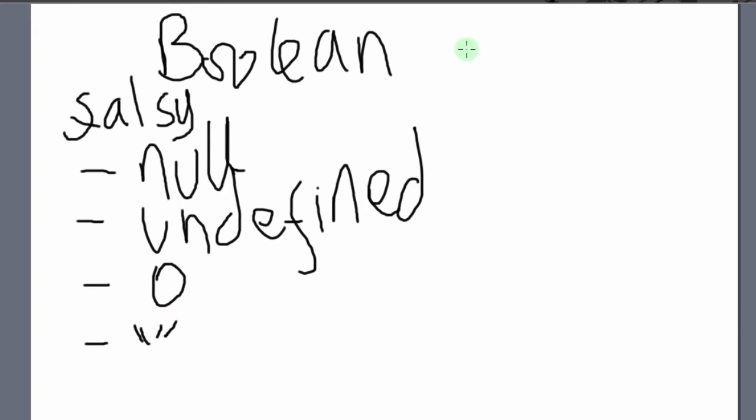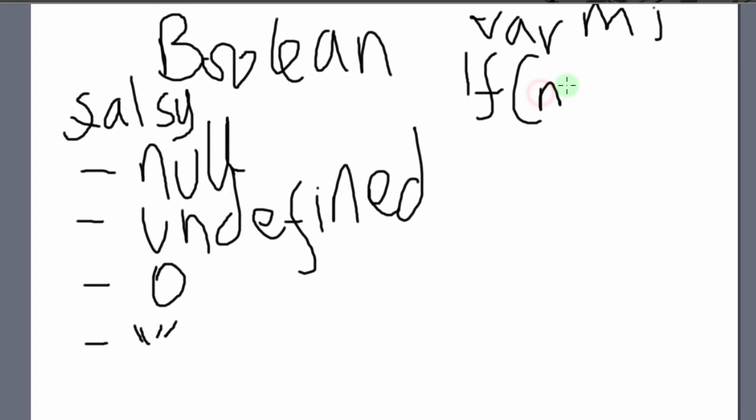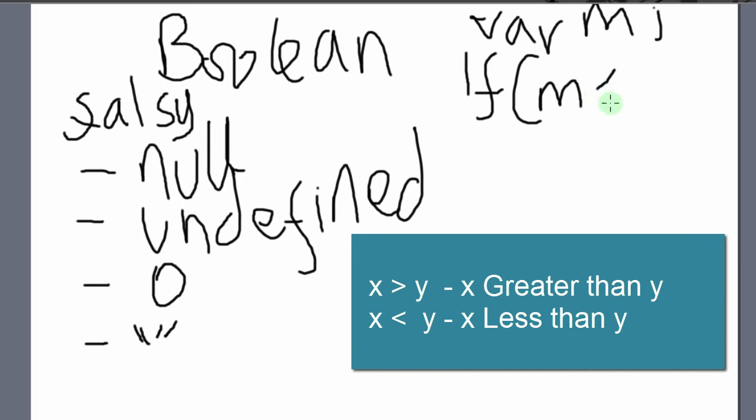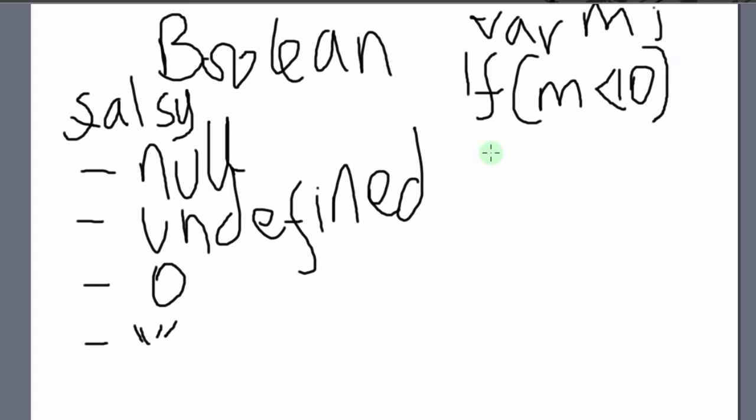So if you had anything like, let's say we have a variable here, m, right? So this variable m, and then you say if m is greater than 0, or let's just say m greater than 10, and you want to do something in here. So you haven't given m an initial value.